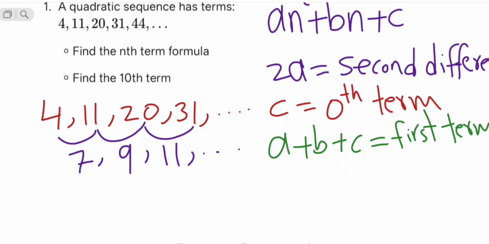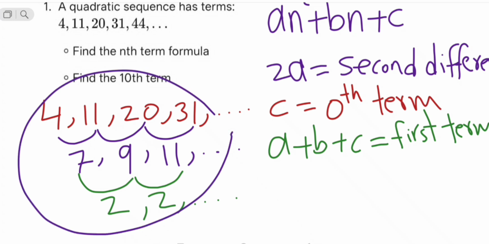If it is not geometric, then we will check the second difference. 7 to 9, the difference is 2. 9 to 11, the difference is 2. It means the second difference is the same. If a sequence has the same second difference, we will say this is quadratic. I hope you understand. Now we are sure this is quadratic. Even though this is given, I told you how to know if it is not given.